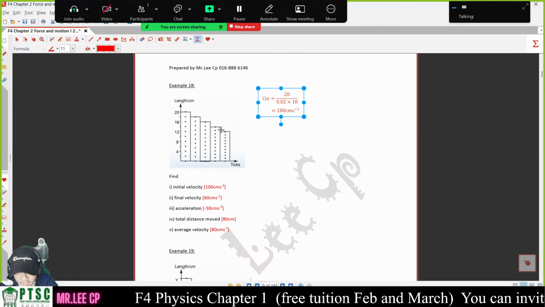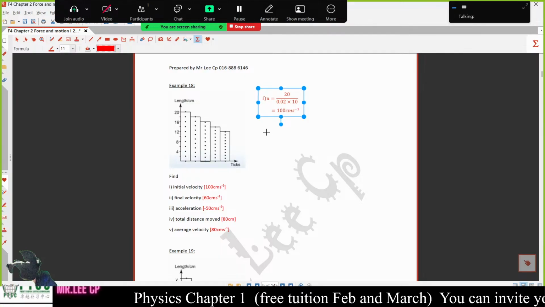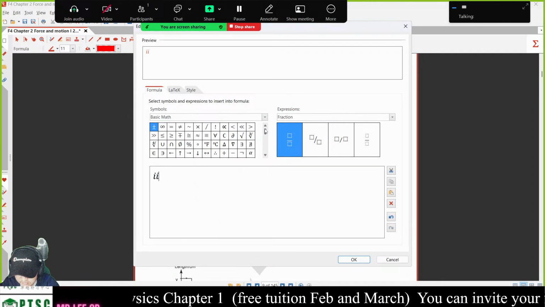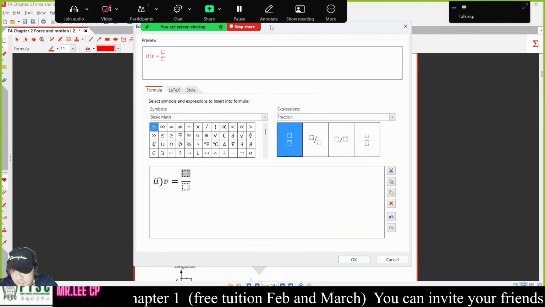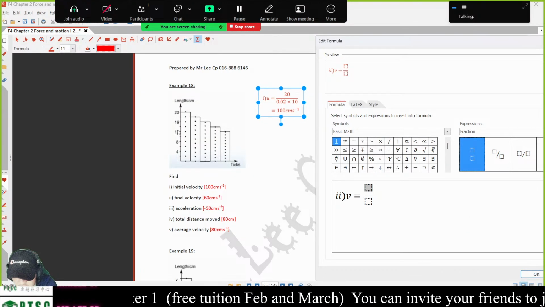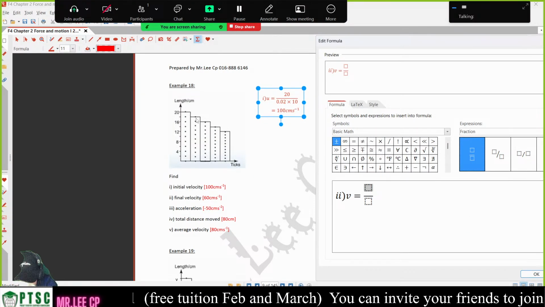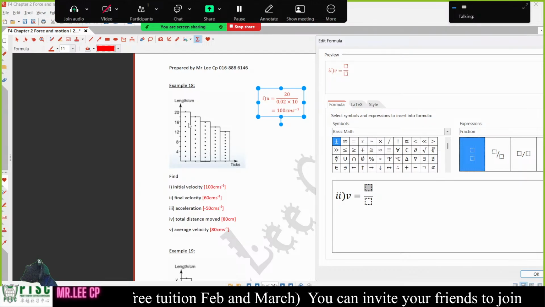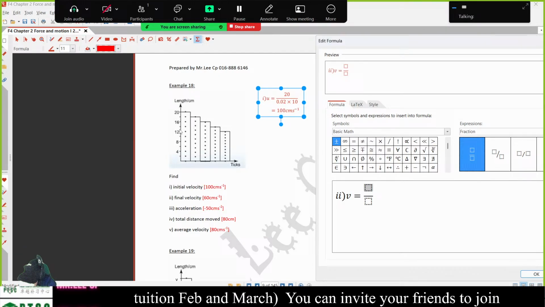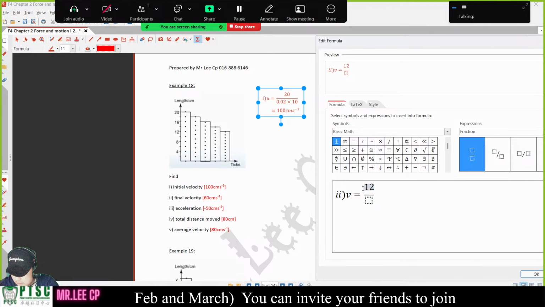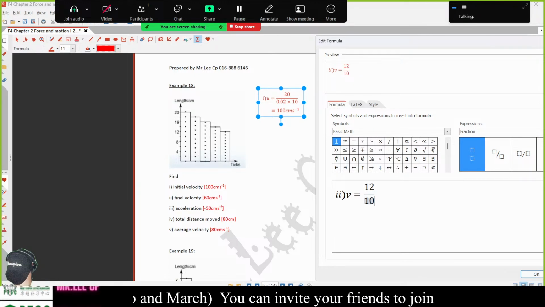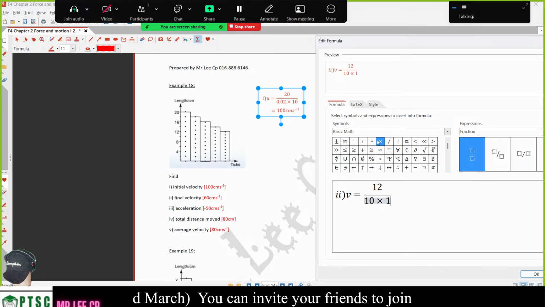After that you need to calculate this, the final velocity. v is equal to distance over the time. The distance here is 12. This is 20, 18, 16, 14, 12. 12 divided by 10 ticks times 0.02.